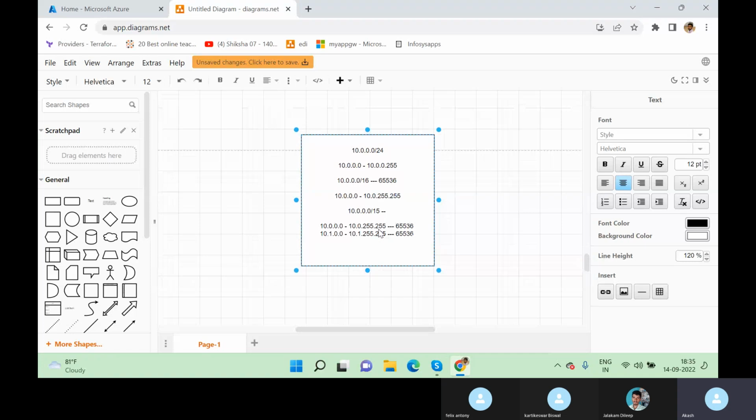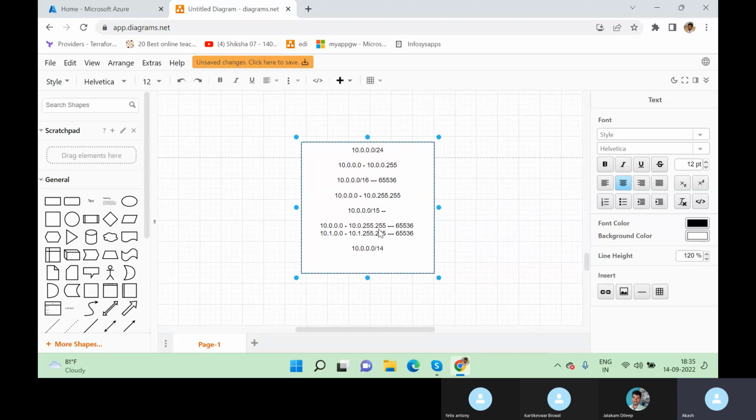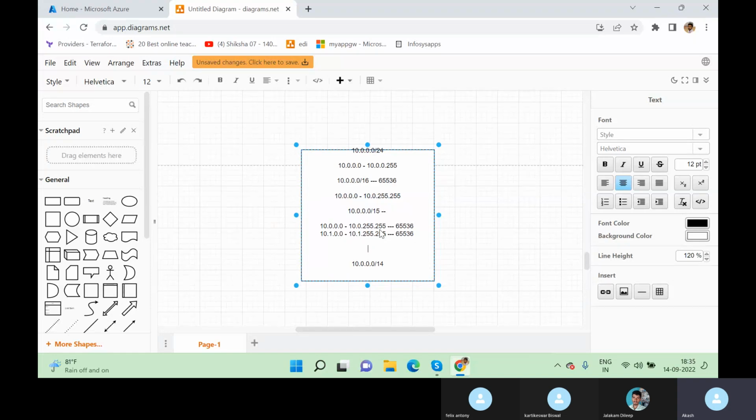Again, what will happen for 10.0.0.0/14? Before going to /14, I'll tell you the exact range for /15: 10.0.0.0 to 10.1.255.255, the starting IP and the ending IP.